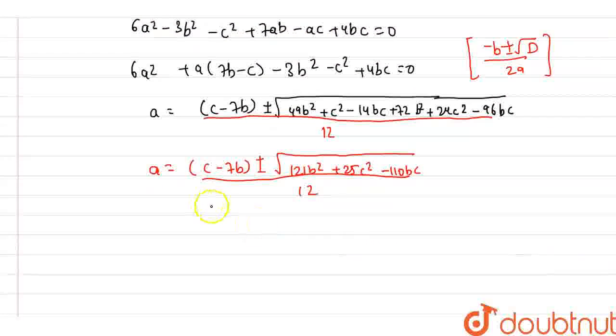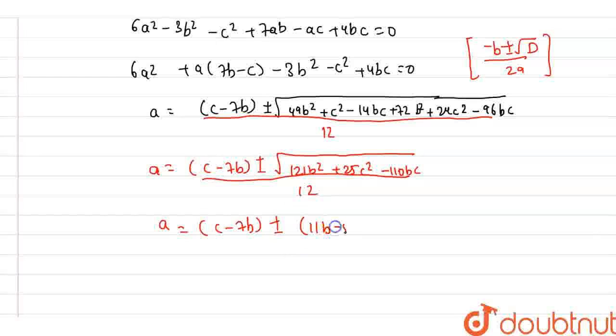Now let's solve this further. This becomes a = (c − 7b ± √((11b − 5c)²))/12. So the square root got cancelled, and we have (11b − 5c)/12.